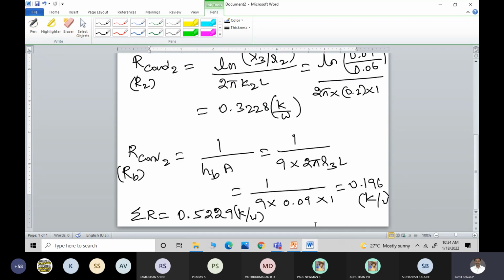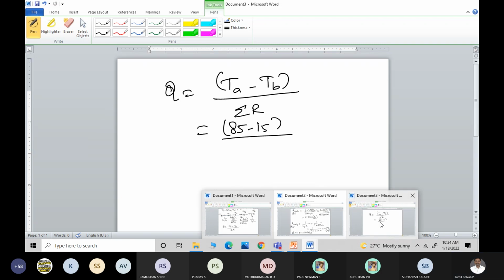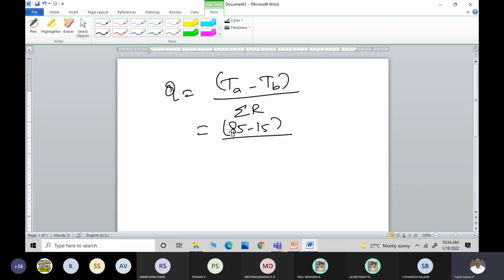The summation of all resistances comes to 0.5229. How much does it come to? 133.86, sir. 133.56. Heat transfer 130.54.